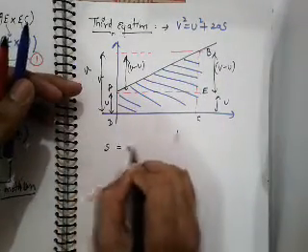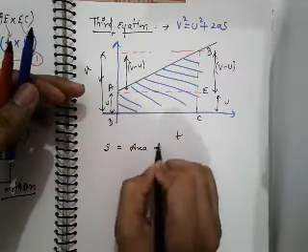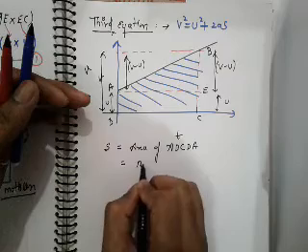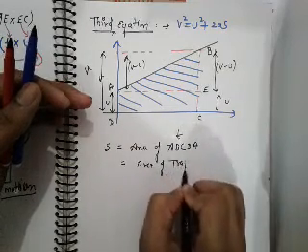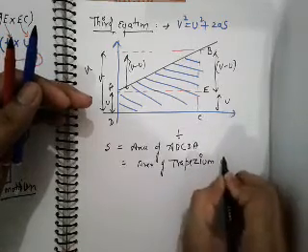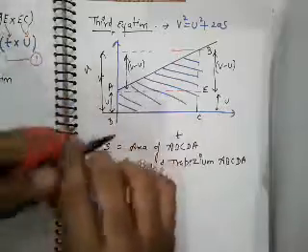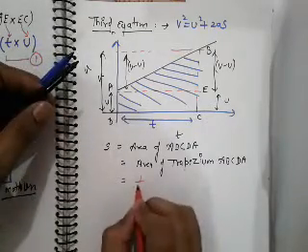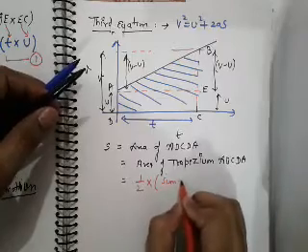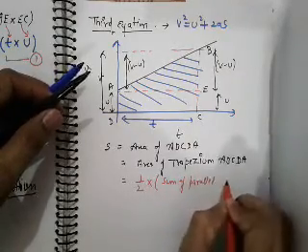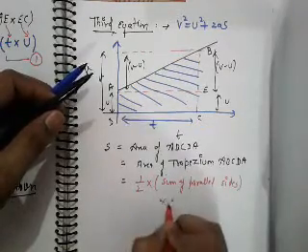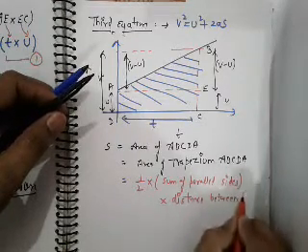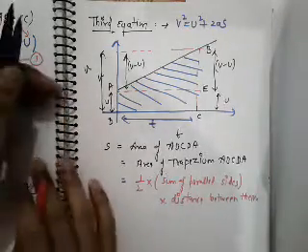For the value of displacement S, we have to find the area of this whole section A, B, C, D, A, which is a trapezium. The area of a trapezium has a basic formula: 1 by 2 into the sum of parallel sides into the distance between them. This is the basic formula of the area of a trapezium.